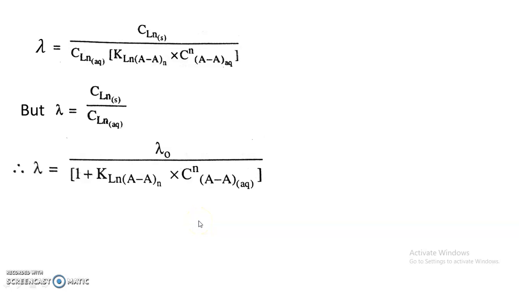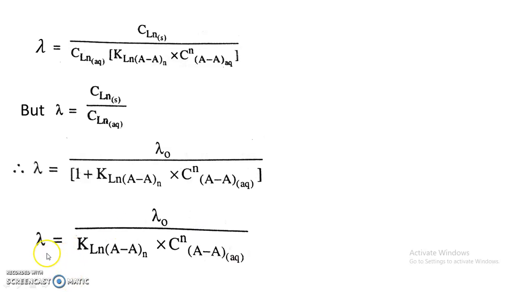Now, if an excess of complexing agent is used and the stability constant of the complex is very high, then the equation can be simplified as lambda is equal to lambda 0 upon K Ln An into the concentration of A aqueous raised to n. And this step shows the influence of the complex ion on the distribution of lanthanide ions between the solid resin and the aqueous solution.